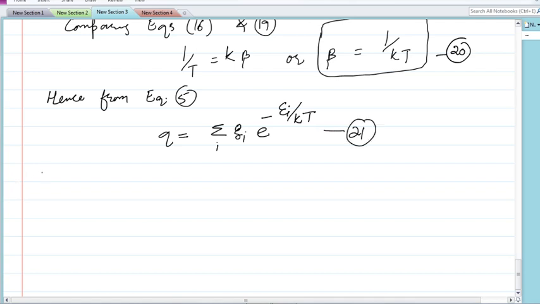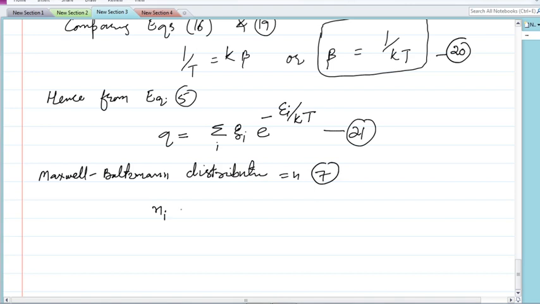And also the Maxwell Boltzmann distribution equation, which is given by equation number 7, will become ni equal to n gi e raised power minus ei upon kt, upon q.